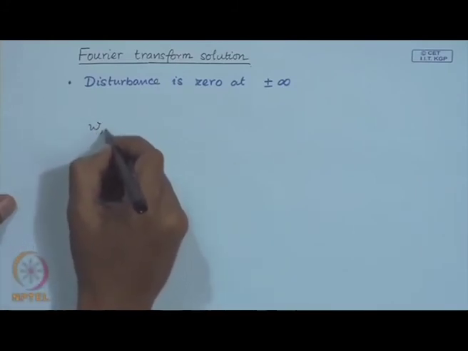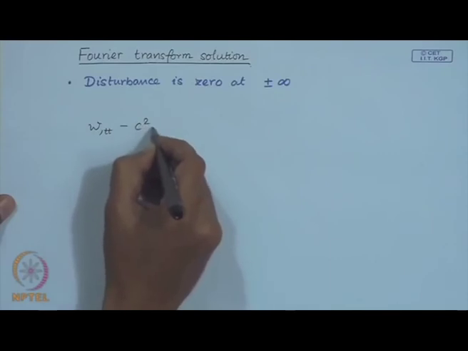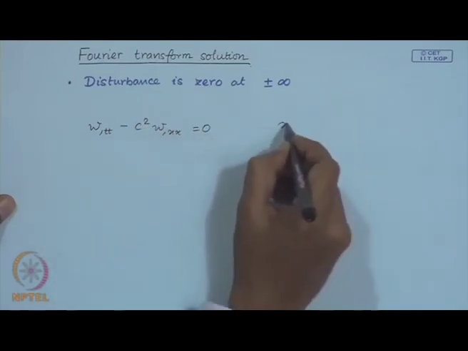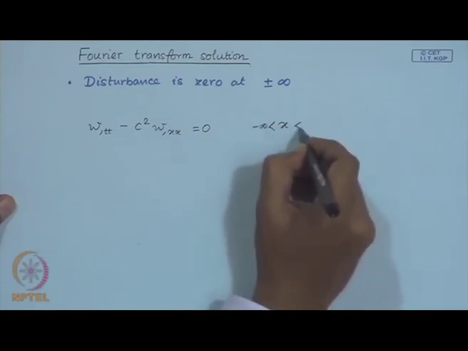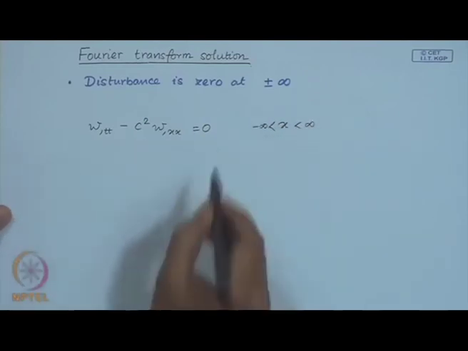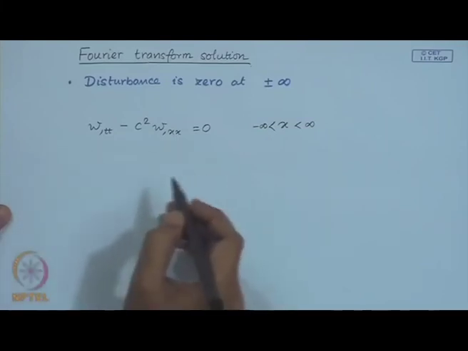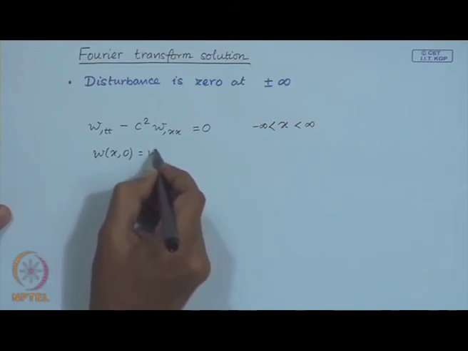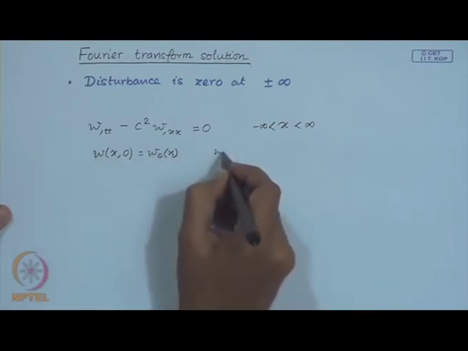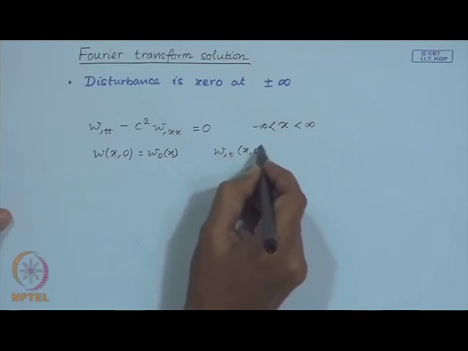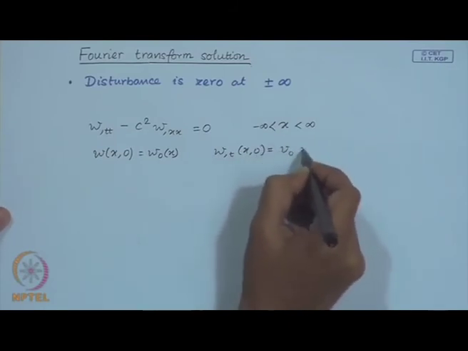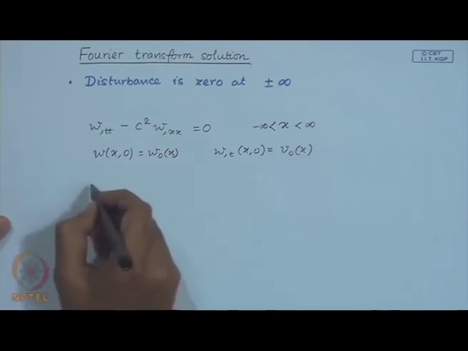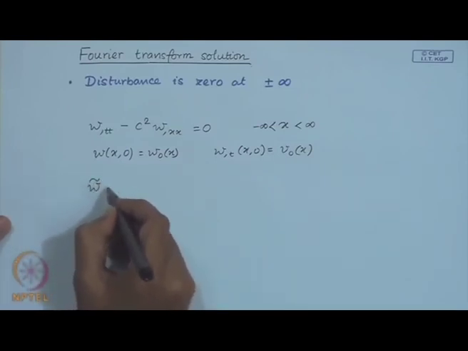So, our equation of motion is given like this. There are initial conditions, we define the Fourier transform.